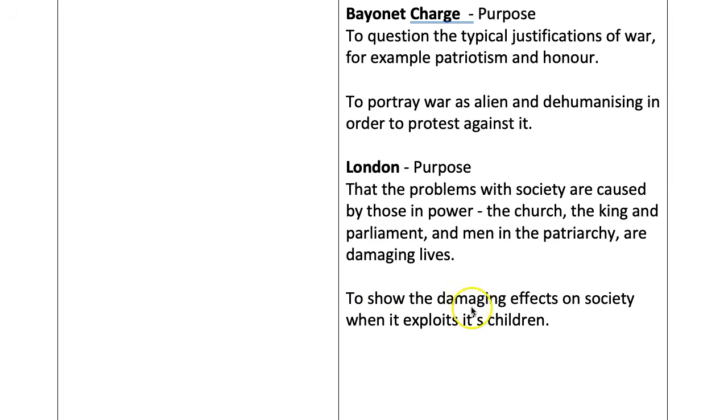And then to show the damaging effects on society when it exploits its children. There are loads of ways that children are exploited in London, and obviously the children are exploited in Kamikaze when they're told and taught not to laugh in front of their father, not to talk to him, no longer to love him.